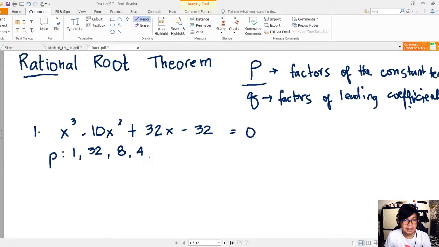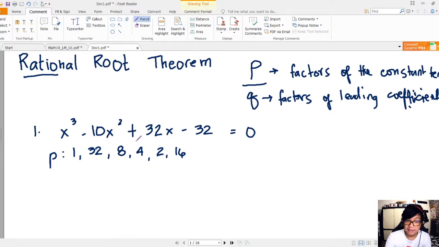Meron pa ba? So we have 2 and 16. 2 times 16 is 32. So 2 and 16 are factors of 32. Meron pa ba? Okay, wala na. But we have also to include the negative of our factors because negative 1 times negative 32 is equal to 32.